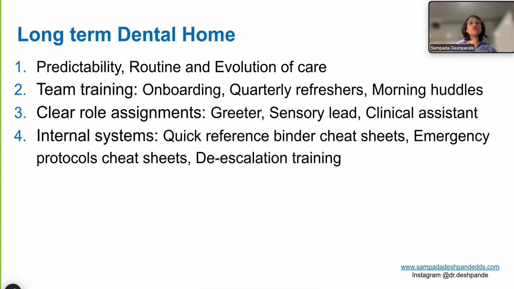And having clear role assignments is pretty nice. So my lead assistant is basically my work wife. She will take care of most things, but maybe in your practice things look a little different. Maybe you have a specific lead assistant who is in charge of managing all of the treatment materials. Maybe you have another one who has the heart for ADA, for accessibility, for being kind of the one in charge of sensory and behavioral issues that you might see in patients.